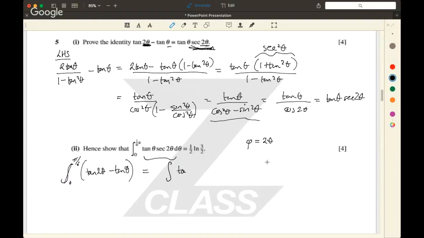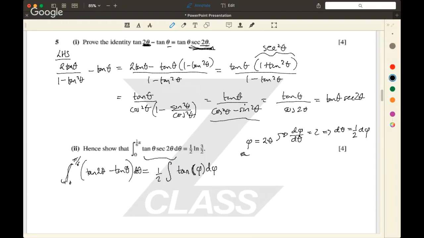Phi is defined as 2 theta. So if you differentiate, d phi d theta is 2, which means that d theta is equal to 1/2 d phi. And so the first term is going to be the integral of tan of phi d phi, and there's going to be a 1/2 coming out because d theta has become 1/2 d phi.